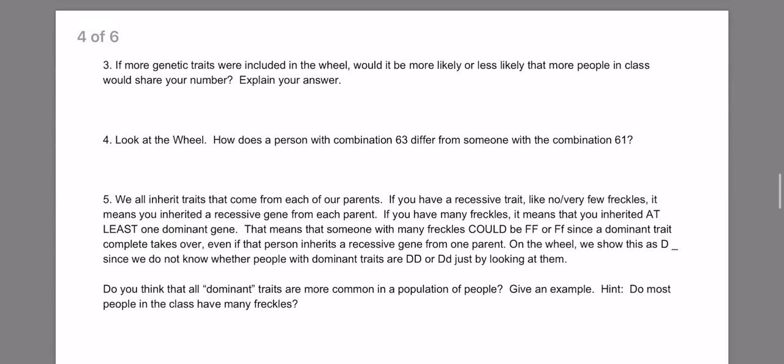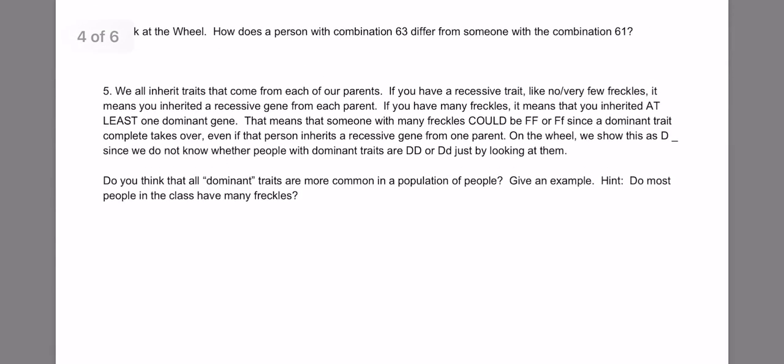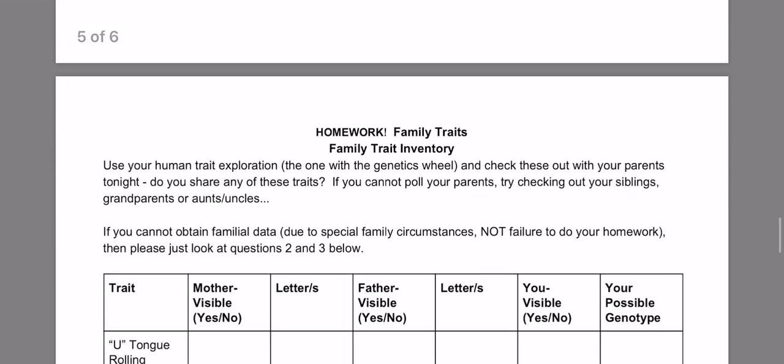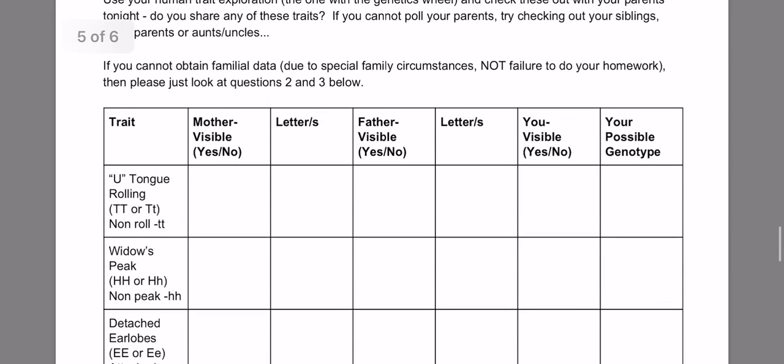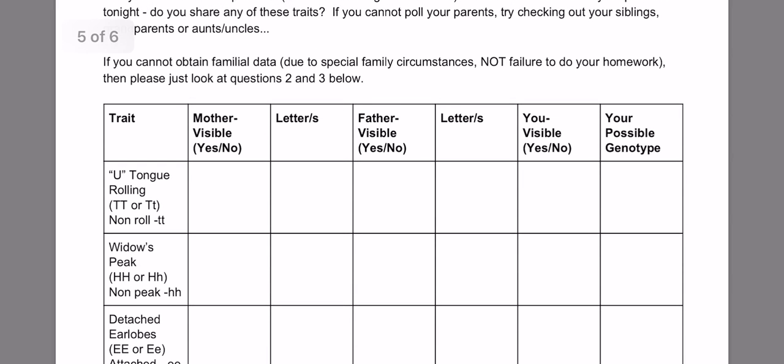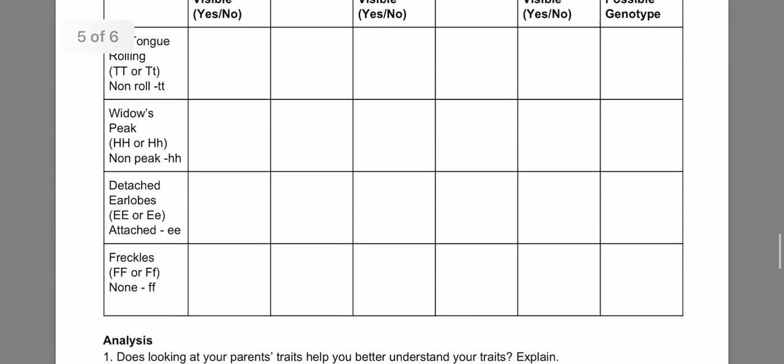And then they're going to just continue to fill out these questions, which they've been given plenty of information on over the course of the 10-day unit. And this is really fun. They can look, do their mother or their father have it? So they can see where that dominant trait came from.